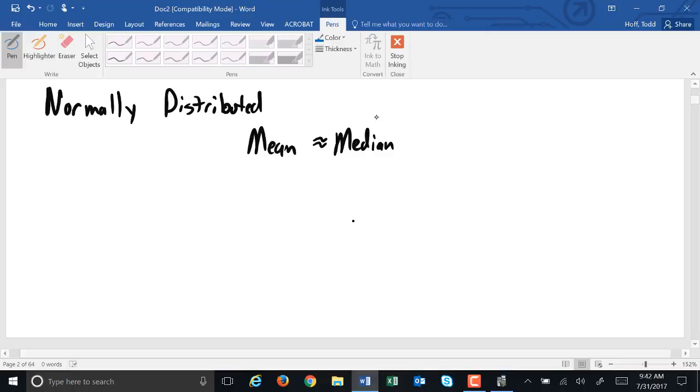The reason I bring that back up is what we're about to do technically uses the median. But since the mean and median are the same, if the values are good, we're going to use the mean.